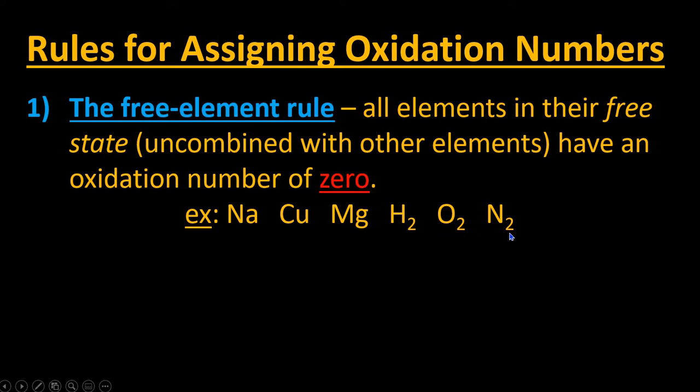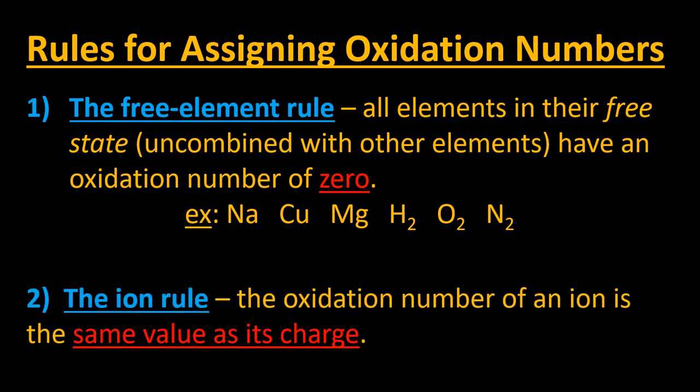They are not bonded to anything, so their oxidation number is 0. However, you have hydrogen, oxygen, and nitrogen, which naturally form a diatomic atom. In other words, two atoms of the same kind together. They still will appear as having an oxidation number of 0 because they're not combined with other elements.